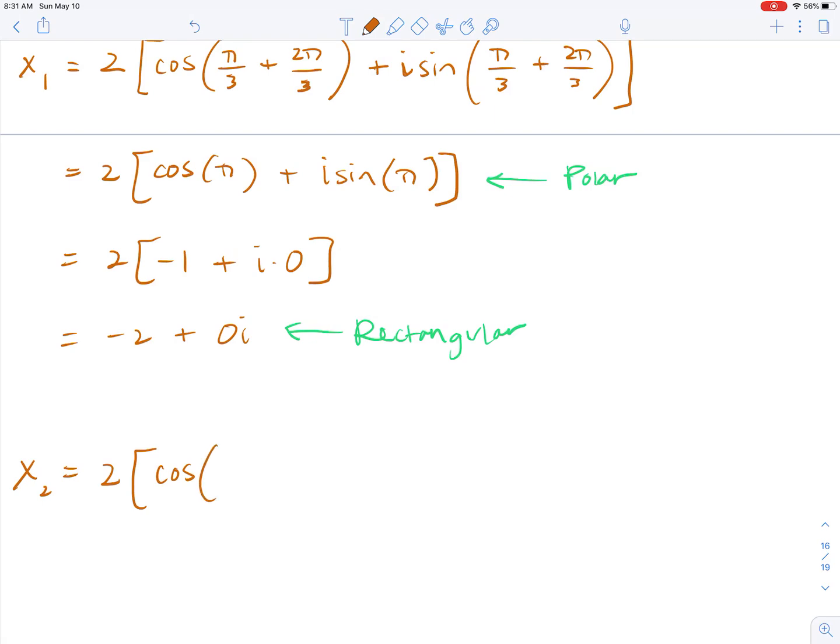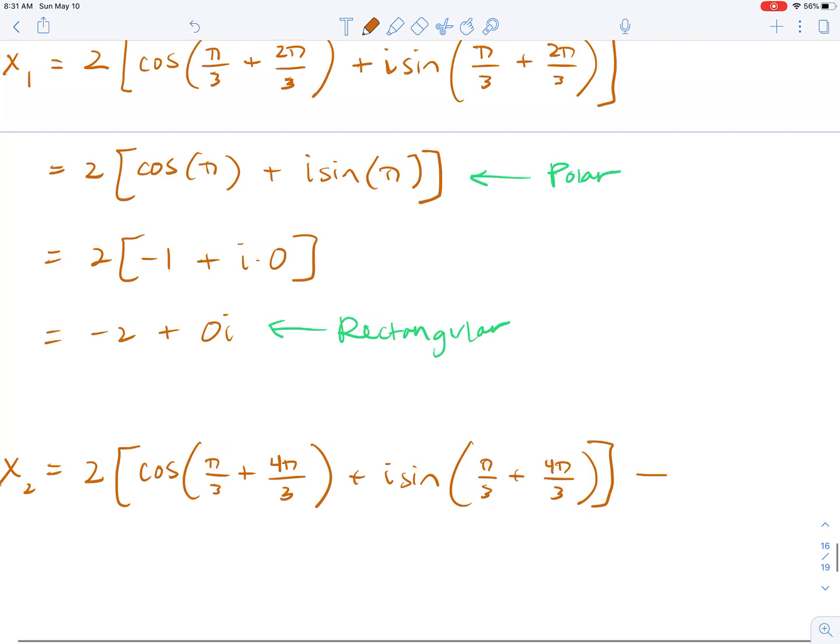Now, if we're thinking about applying the nth root theorem, so now we would let k equal 2. We'd have 2 times the quantity cosine of pi over 3 plus 4 pi over 3, if we thought about letting k equal to 2.